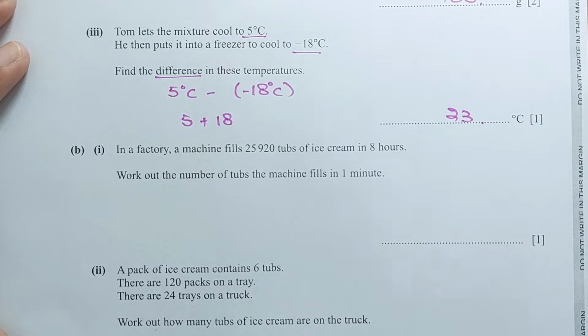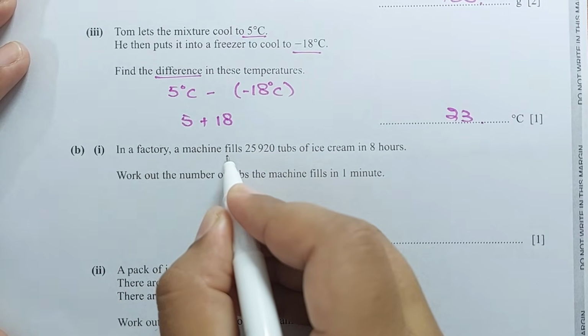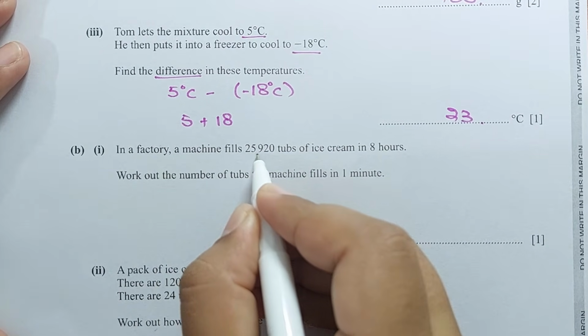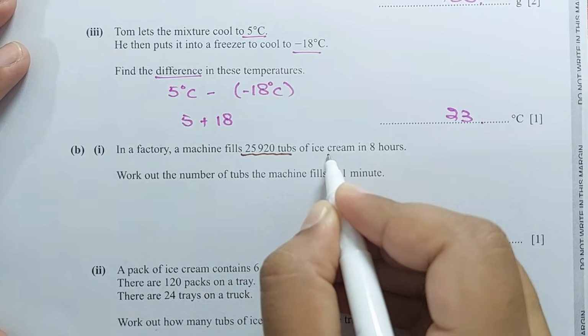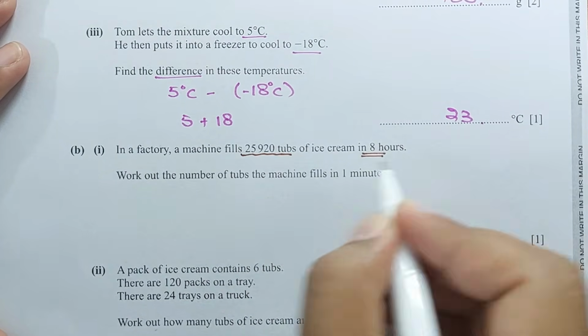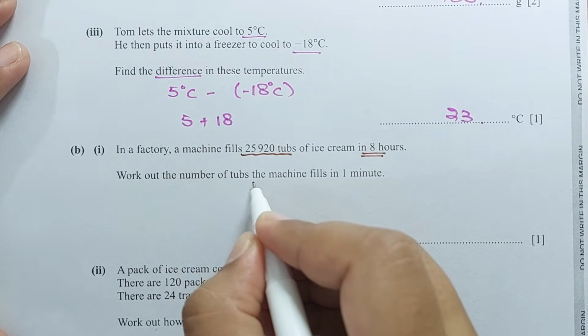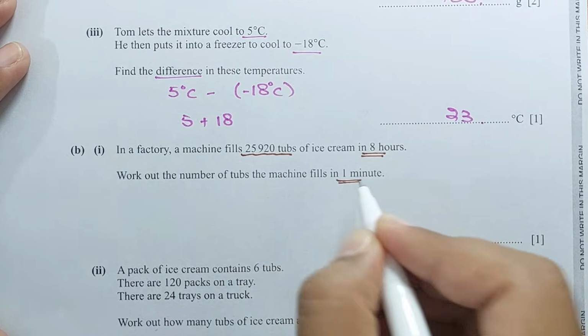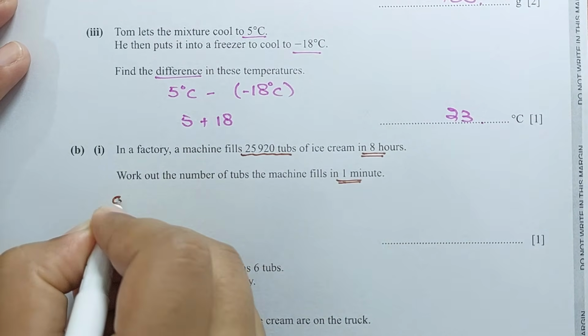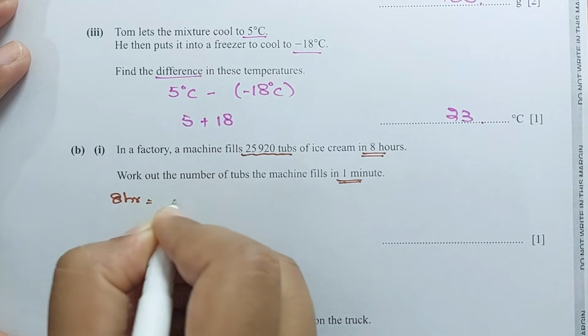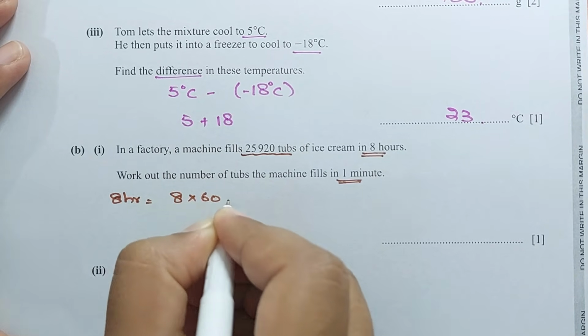Moving to part B, number 1. In a factory, the machine fills 25,920 tubs of ice cream in 8 hours. Work out the number of tubs the machine fills in 1 minute.